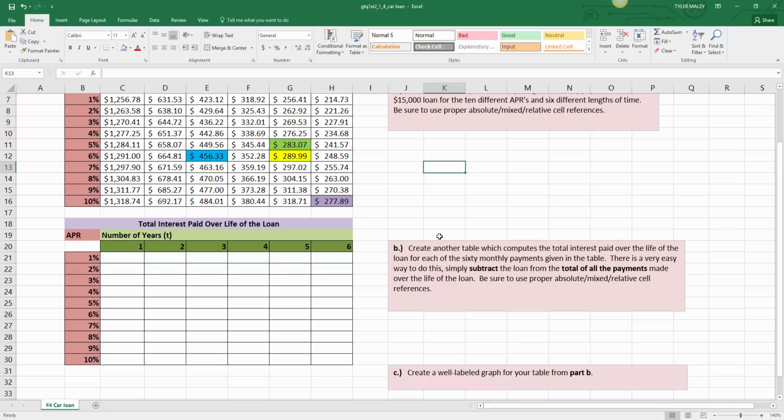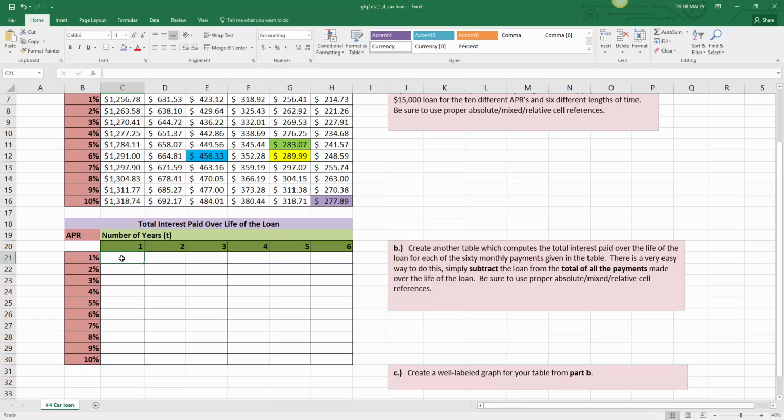So we want to create a table that's able to calculate the total interest paid over the loan. Before we were doing this very manually, but it would be very convenient if we could do this not so manually, right? So let's start by working in this column.